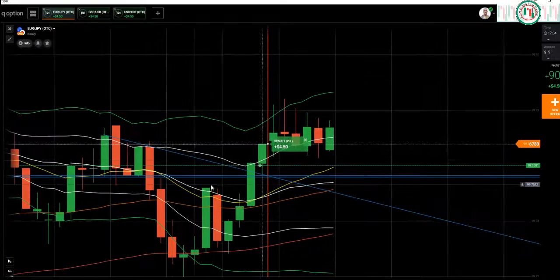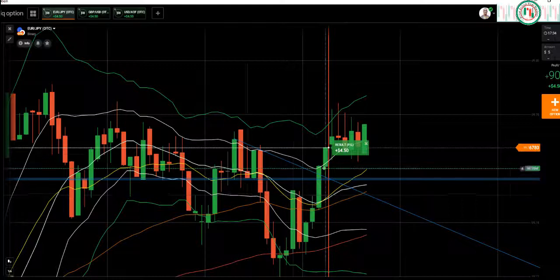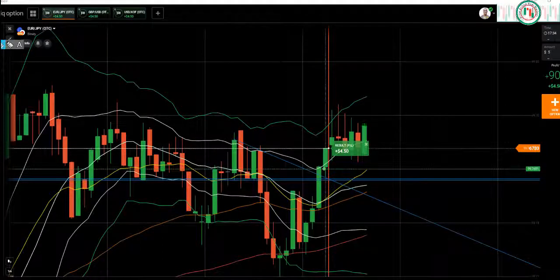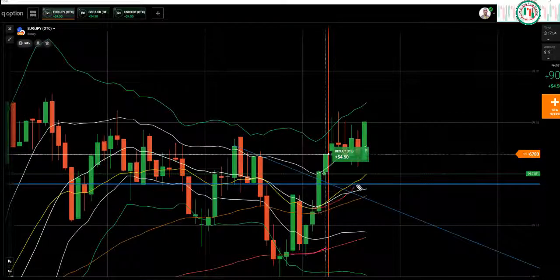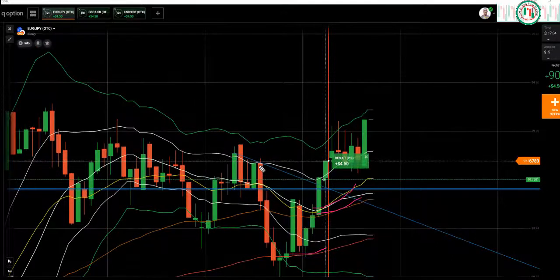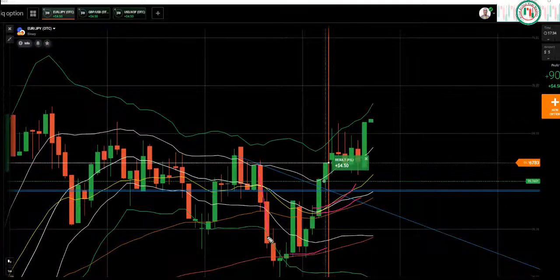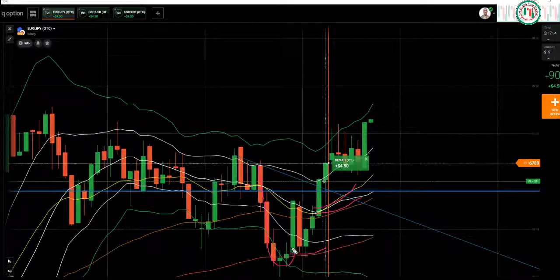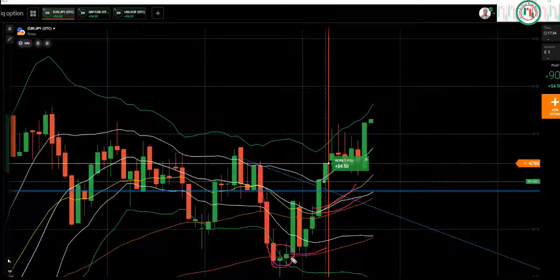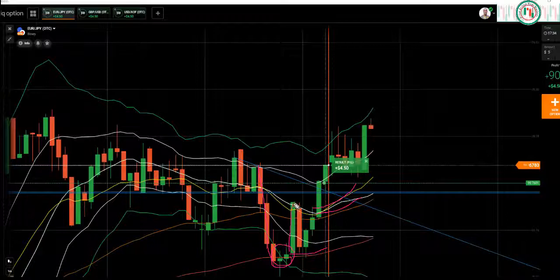The reason why I took my first trade here, you see, I can see the alignment of the EMAs showed that we are in a strong uptrend. After the market pulled back from the 100 EMA, you see it broke the 50 and 20 EMA and pegged a breakout.